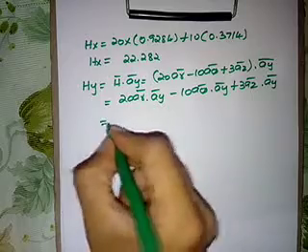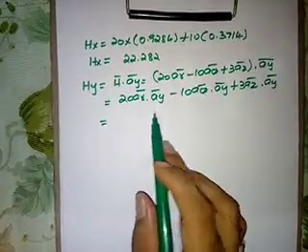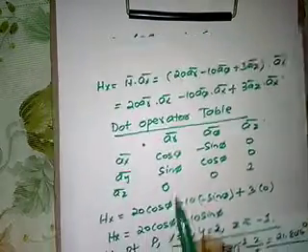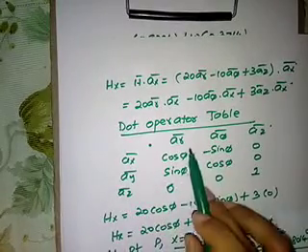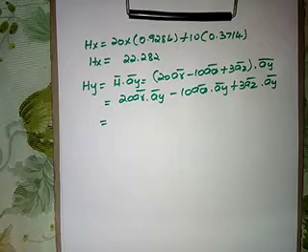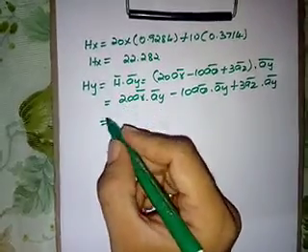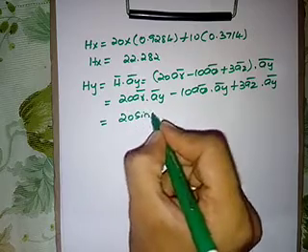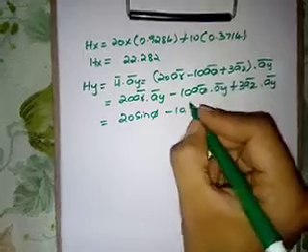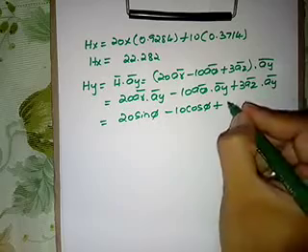From the dot operator table, ar bar dot ay bar, or ay dot ar, is sin phi. Okay, so like this we have to consider the values from the dot operator table. So ar bar dot ay bar is sin phi, so this is 20 sin phi minus 10 a phi bar dot ay bar, which is cos phi, so minus 10 cos phi plus 0. Az bar dot ay bar is 0.